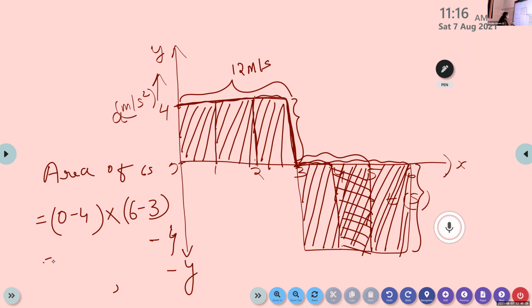So that is equal to minus 4 into 3, that is minus 12 meter per second.